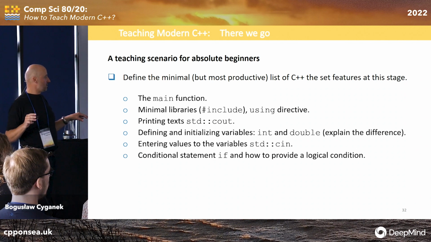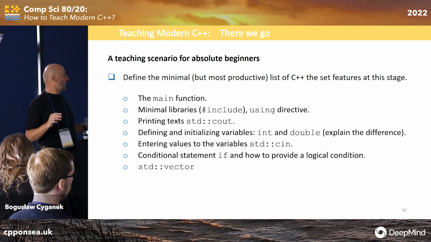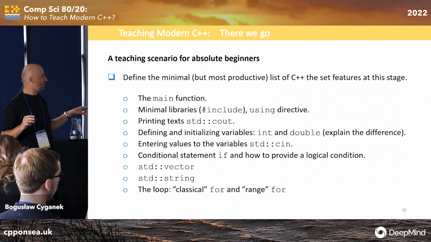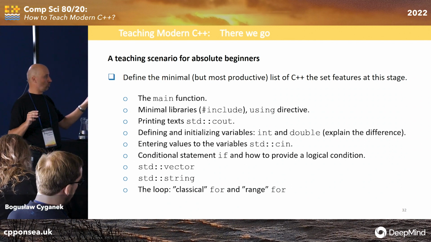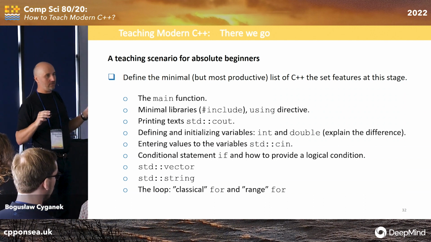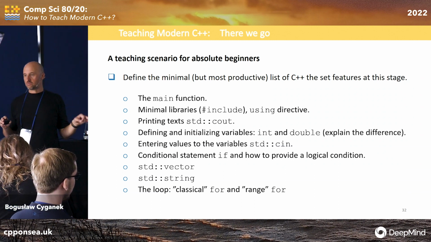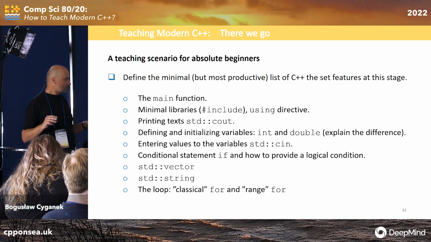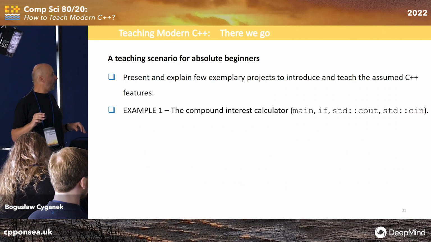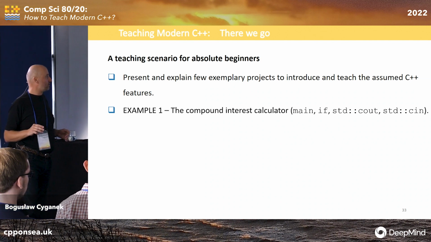Entering values with cin, conditional if, and some logical conditions, vector, string, and two versions of for. One is not enough, because both will always be interspersed in the code, so I teach them both at once: for and range for. And that's all. This is my 20%.